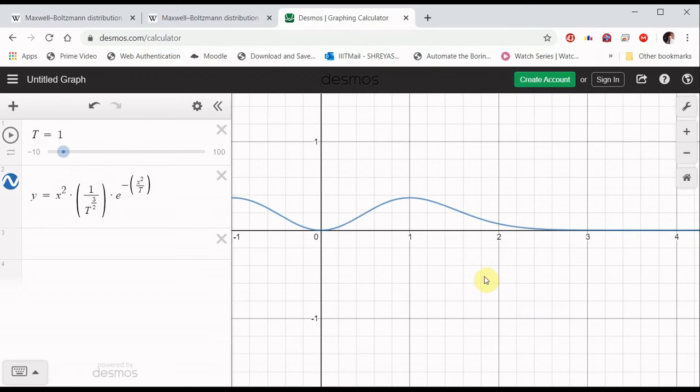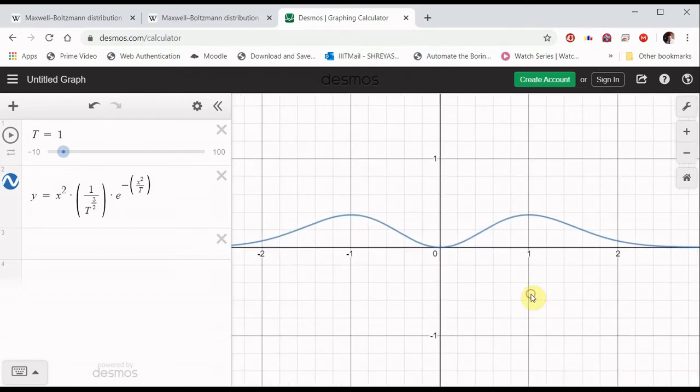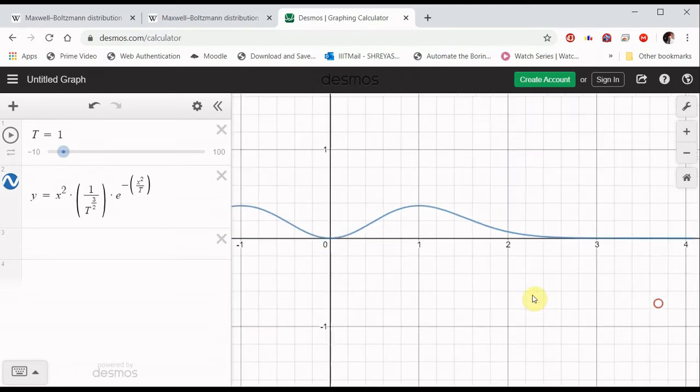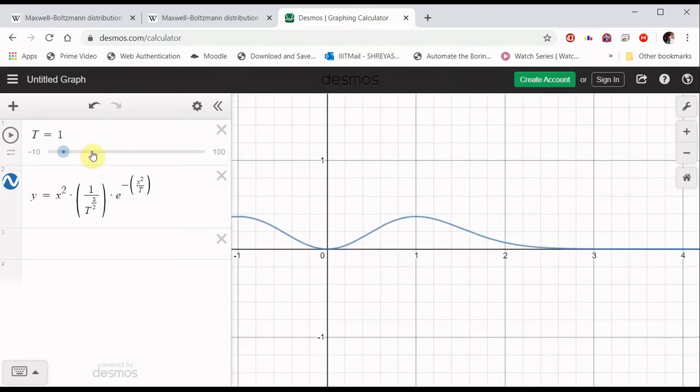What else could it have? What kind of particle would have a negative speed? I don't know. It doesn't. We ignore this part because it is just a result of this graph, but actually this has no physical meaning.